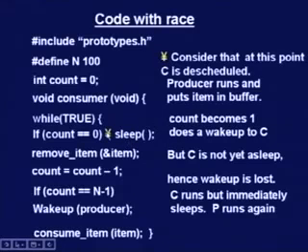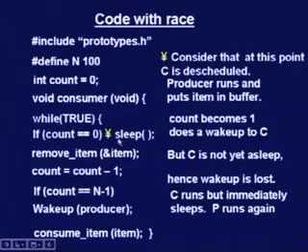Now, the other process, that is the producer, will run and it will put an item in the buffer. It will increment the count, so count will become 1, and then it will do a wake up to the consumer. But the problem is that the consumer has not gone to sleep yet. It has still to execute the sleep primitive. Therefore, the wake up to the consumer is lost.